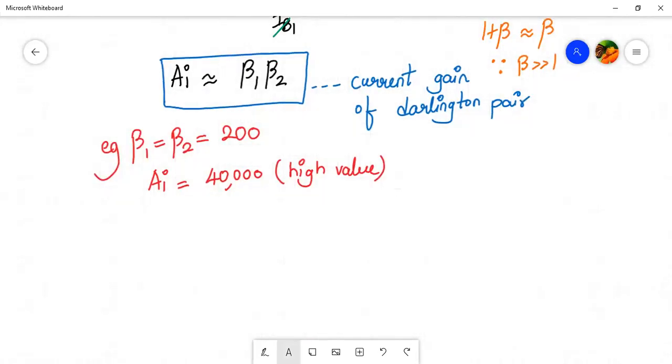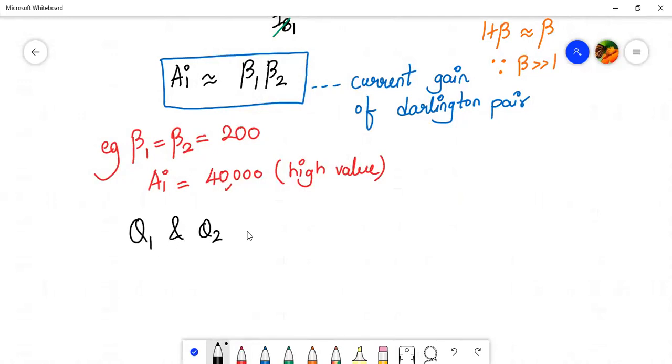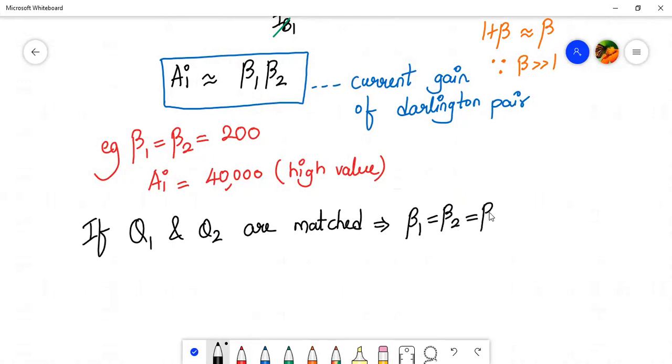So if Q1 and Q2 have similar parameters, if Q1 and Q2 are matched, then we can write beta 1 is equal to beta 2 is equal to beta, and VBE1 is equal to VBE2. In that case, my formula will modify as follows. It will be AI equal to beta square.